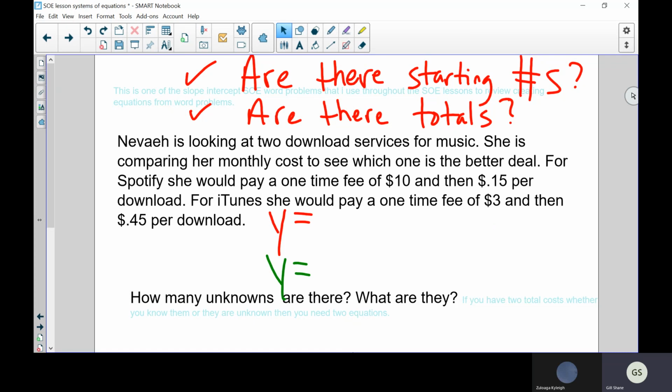So, and I'm going to say red is about Spotify, green is about iTunes. I gave you another hint for the next step of an equation. You need to make sure this matches up. Or these match up. An easy way to get some points.